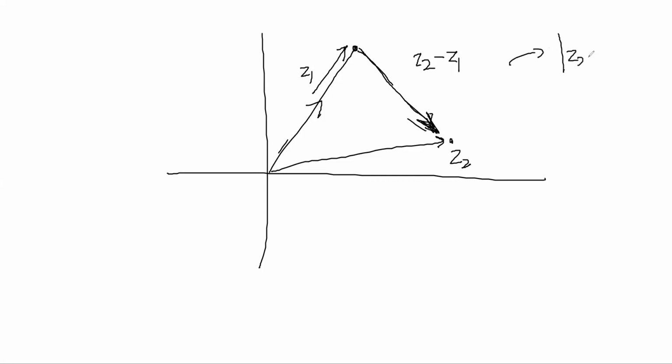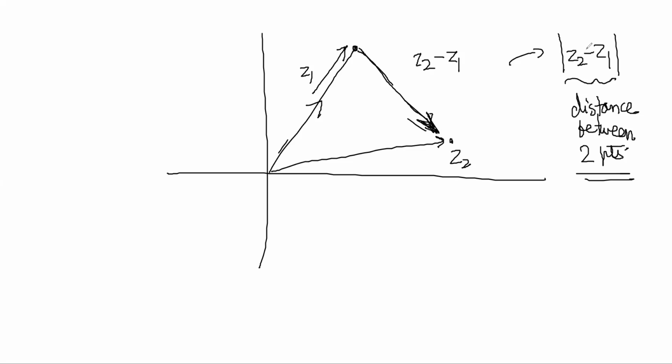Its modulus is going to be the length of that vector, or the distance between those 2 points, right? So if you now know this means distance between 2 points, then you have understood how to represent any distance.